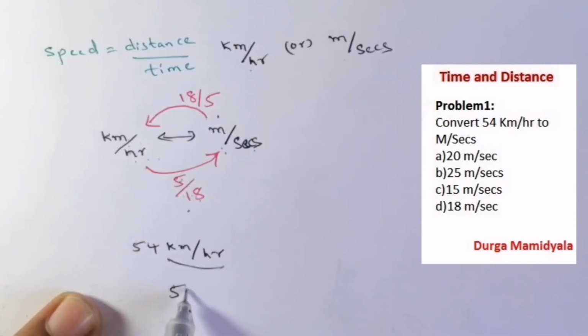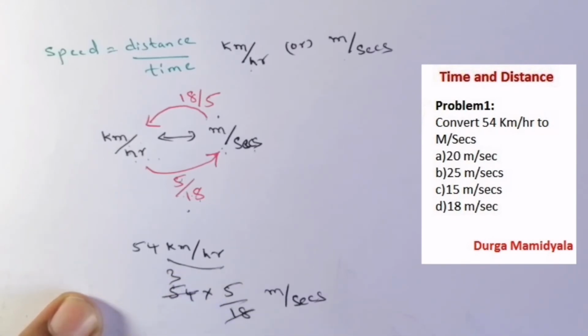That is 54 into 5 by 18 meter per second. 18 threes are 54, then 5 threes are 15, so that is equal to 15 meter per second.